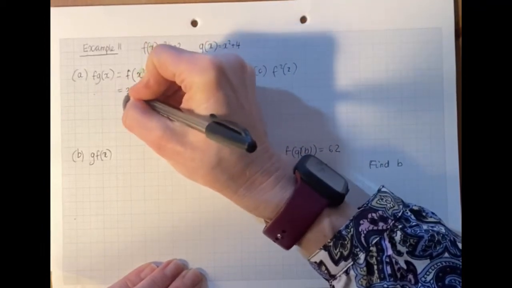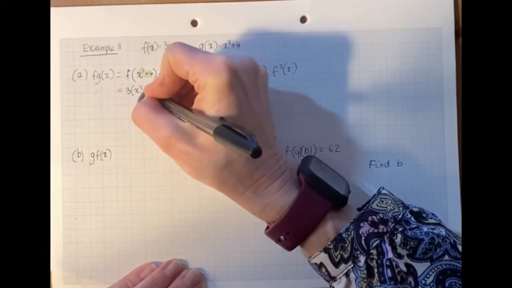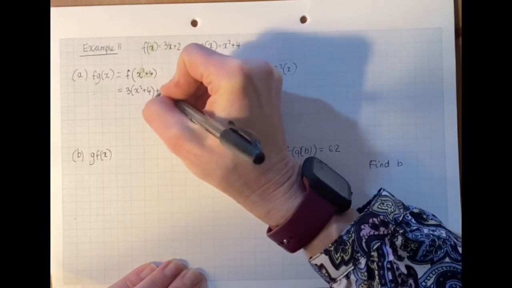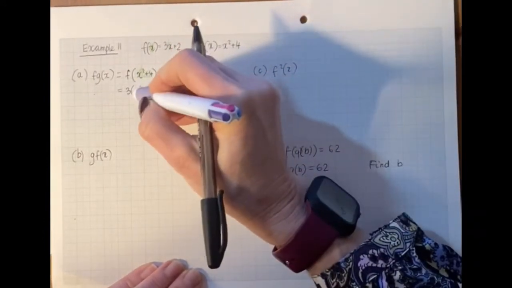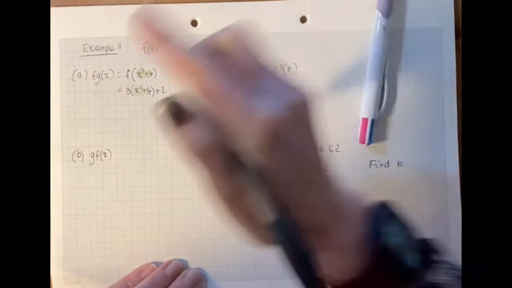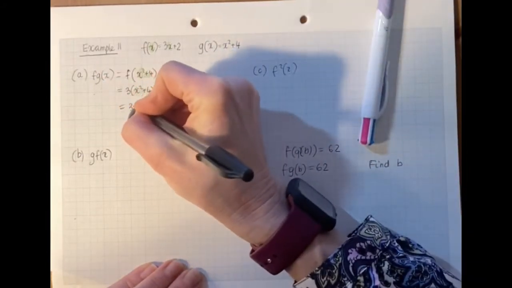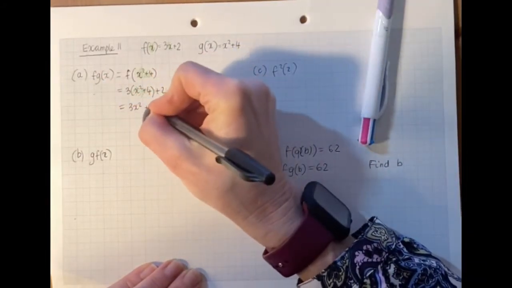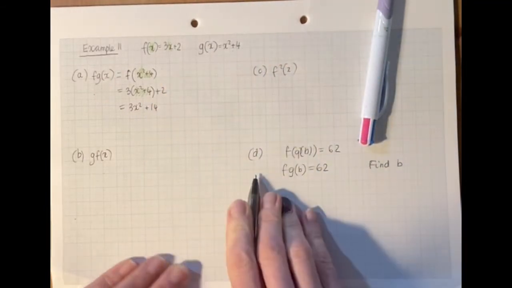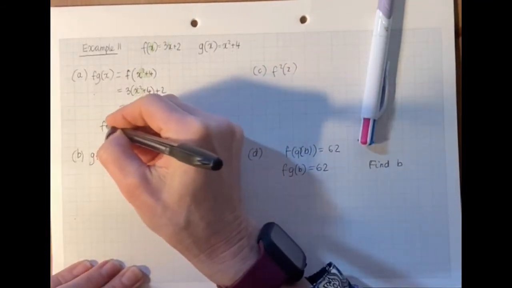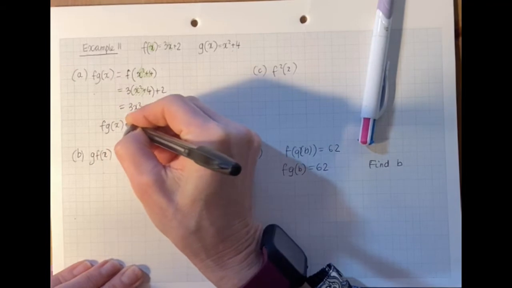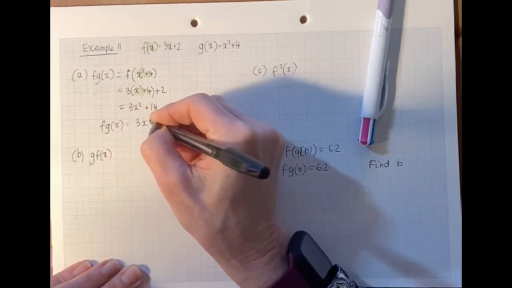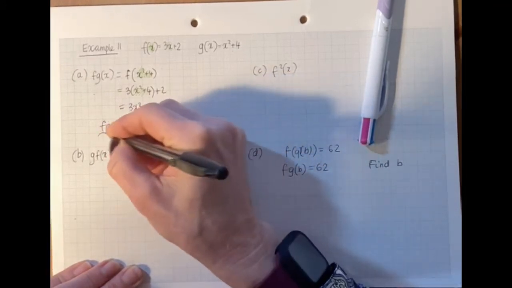So we have to do 3 times x squared plus 4 and then add 2. Just tidying it up, we get 3x squared plus 12 plus 2, which is 14. So f of g of x is equal to 3x squared plus 14. So it's a quadratic function.